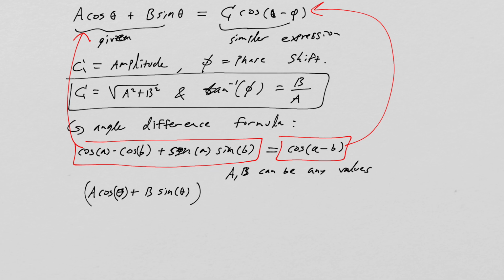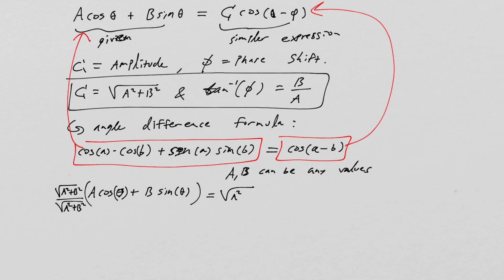Any set of values. In order to best capture this, what we're going to do is multiply this formula by a squared plus b squared, all square rooted, and divide it by the same quantity, so we haven't changed the expression at all.